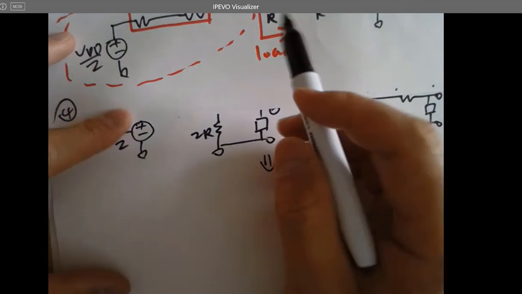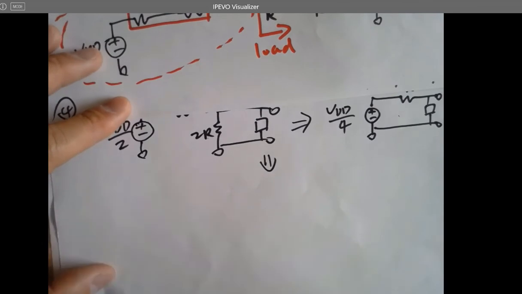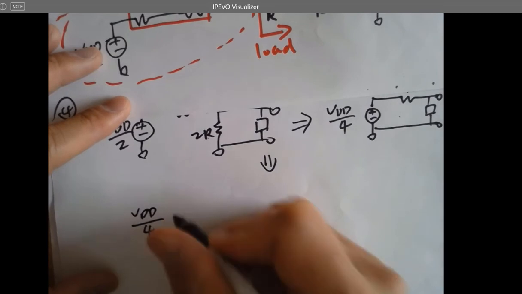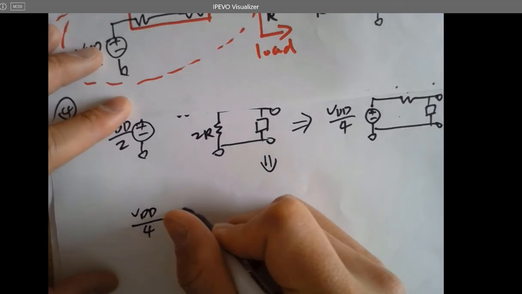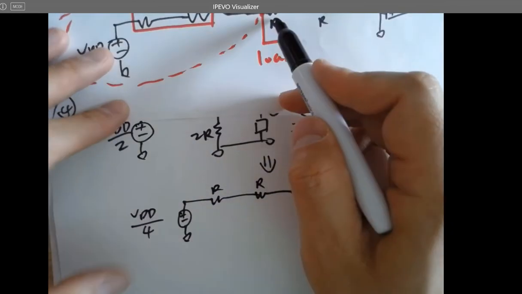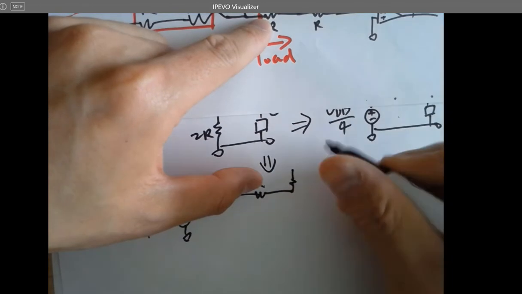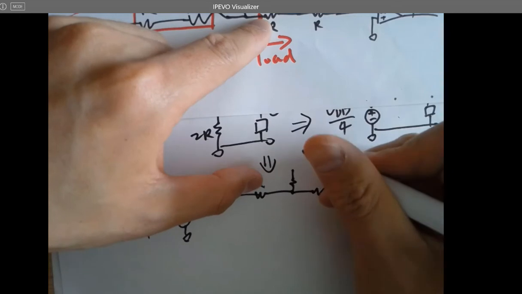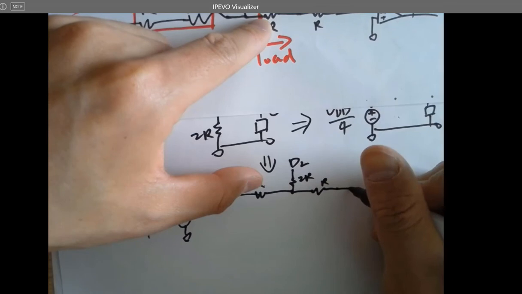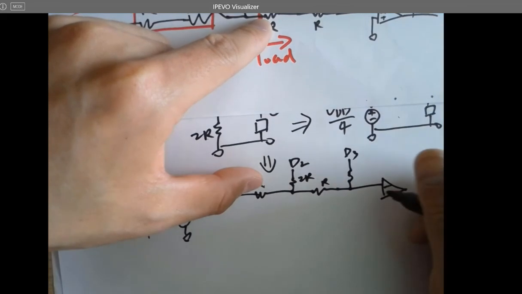So after this, you are going to see something like VDD over 4. That's R. Get another R, which is here. So that R is this R. And then 2R, R, that's D2. D3, that's the input to the op-amp.